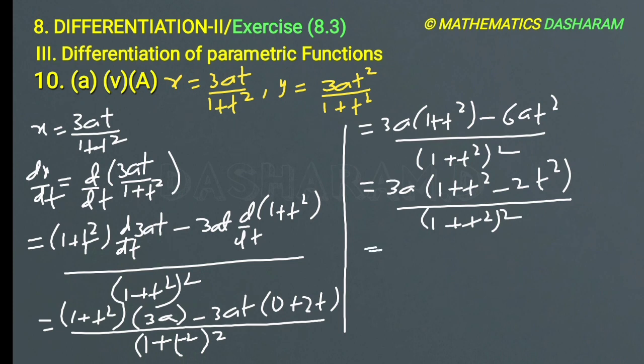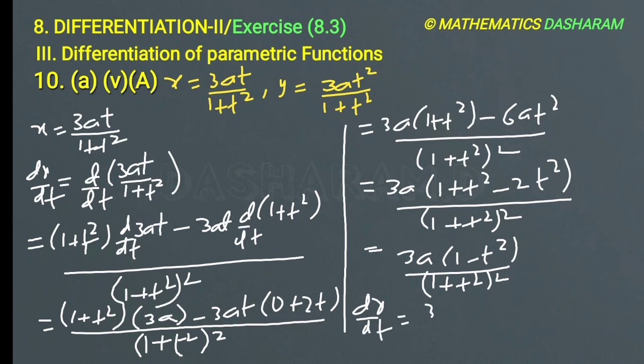Then it is equal to 3a bracket of 1 minus t square divided by 1 plus t square whole square. So finally dx by dt answer is 3a bracket of 1 minus t square divided by 1 plus t square whole square.